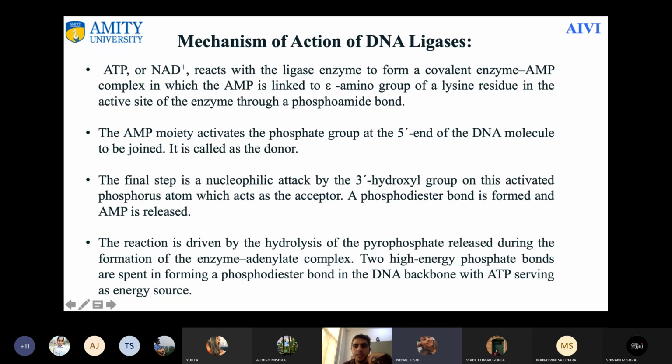Okay, who else was saying about it? Vivek, you are saying something? Sir, I was just saying that they provide the pair of electrons and lead to the formation of a new covalent bond.